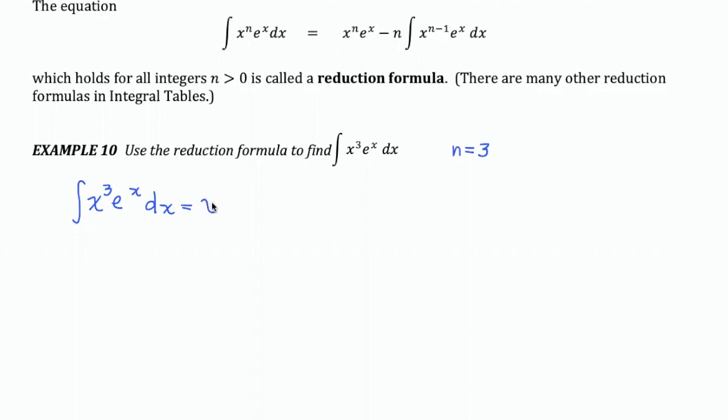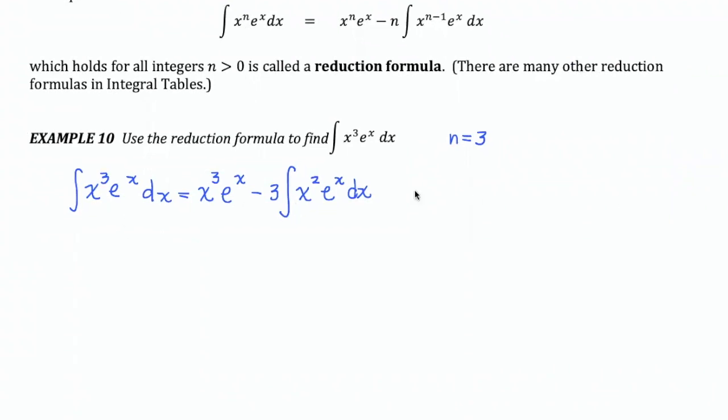It's going to be x cubed e to the x minus 3 times the integral of x to the 3 minus 1, or 2 power, e to the x dx. So again, I've reduced the exponent on the x from a cubed to a squared.